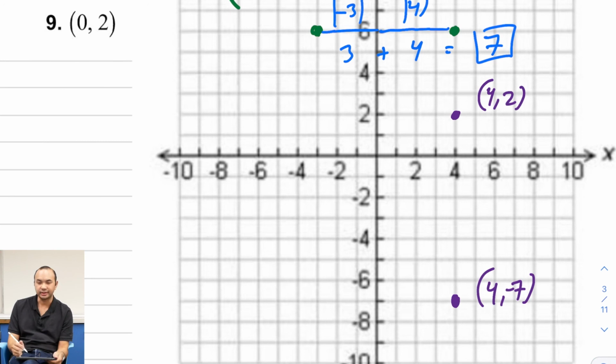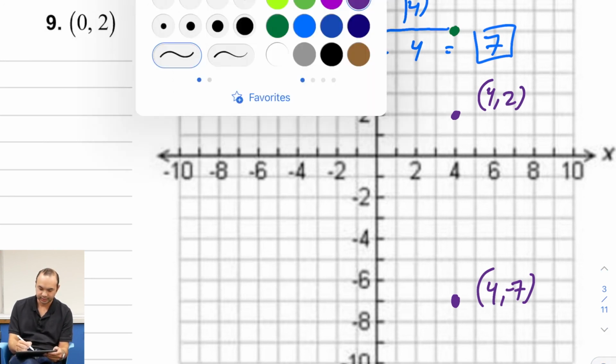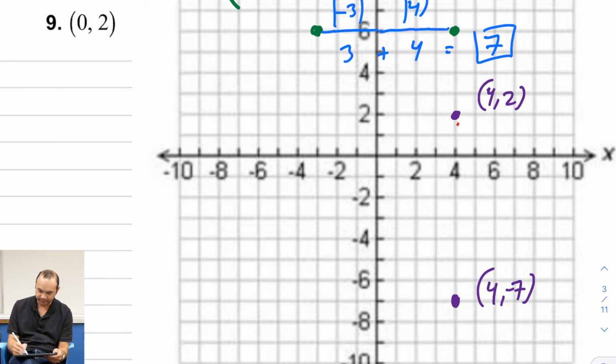If I want to find the distance from here to here, when we do adding and subtracting integers, there would be a different way. But for now, let's see how far it is from 0. As we showed before, the 4's are the same.